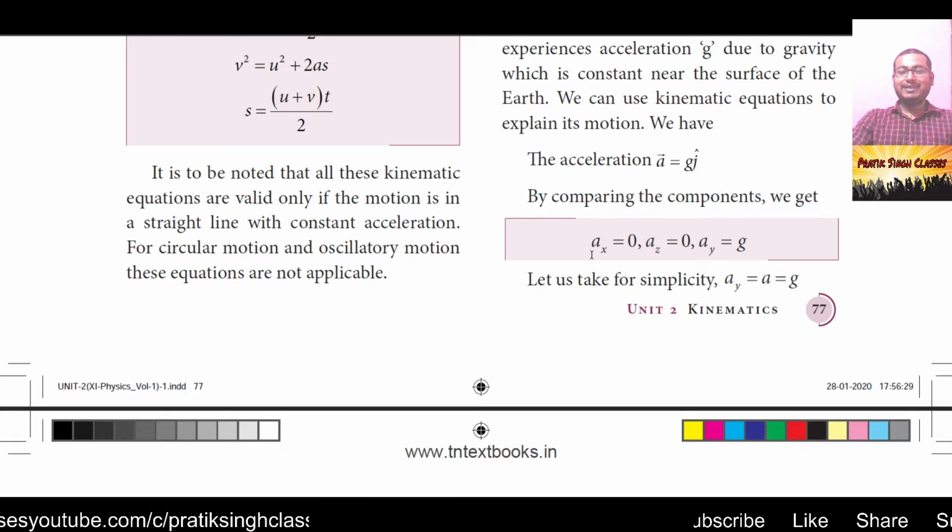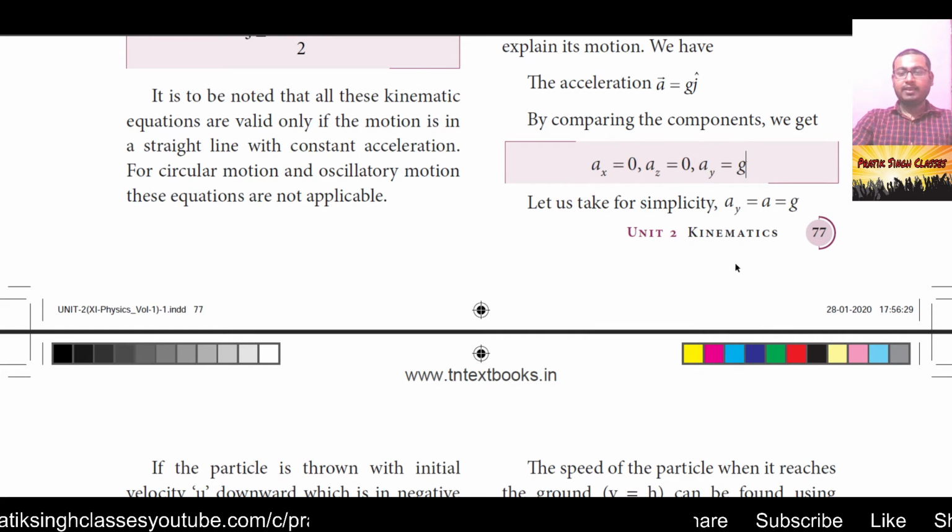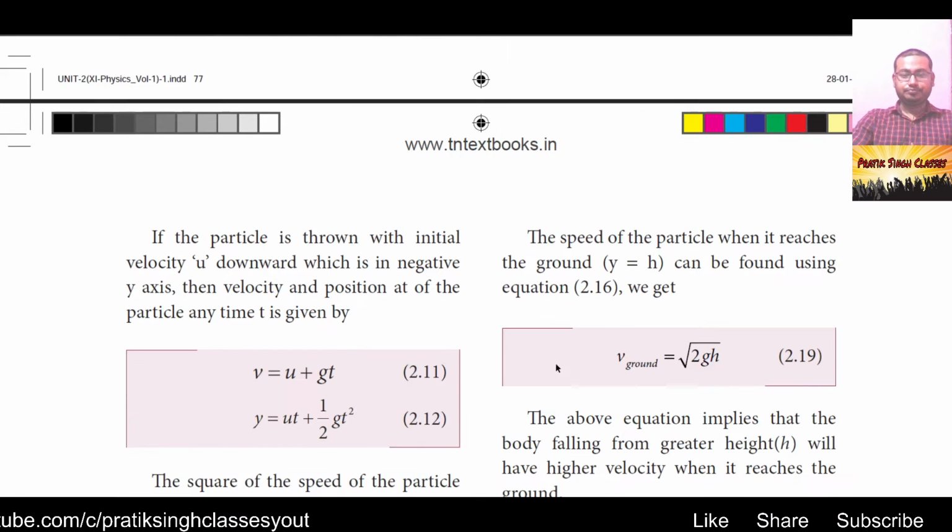So we will have AX equal to 0, AZ equal to 0 and AY equal to g. That means the acceleration along the y-axis is equal to g. Let us take, for simplicity, AY equal to a equal to g. We just substitute AY equal to g.